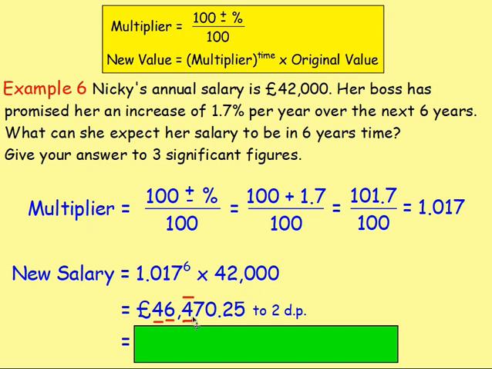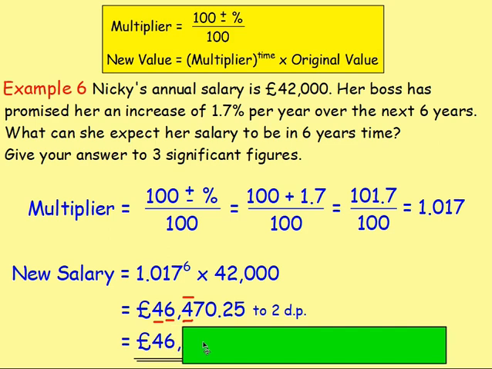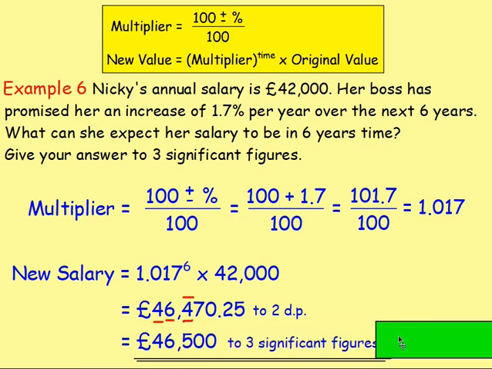This 4 here, the 3rd significant figure, is in the hundreds column. So what the question's really saying is round this number to the nearest 100. Because we've got 470, we know that's closer to 500, so we would have £46,500 to 3 significant figures. That's a lot of money.